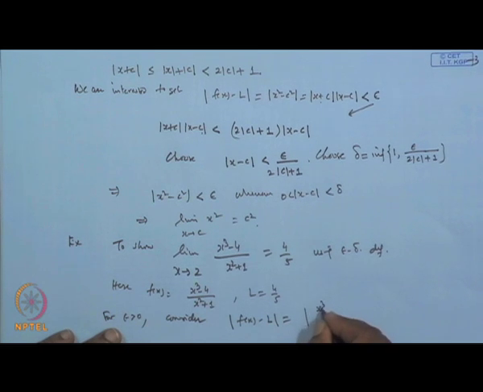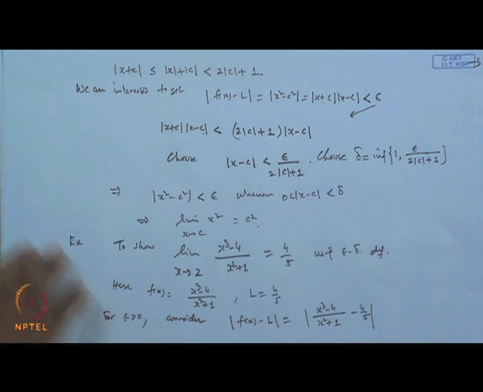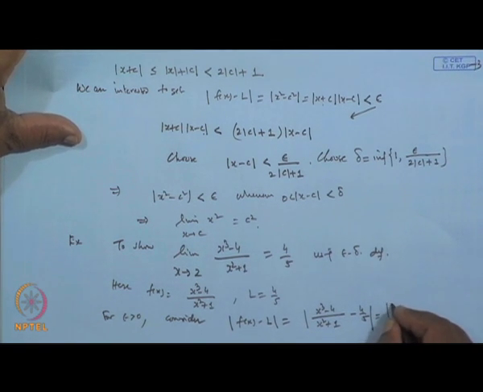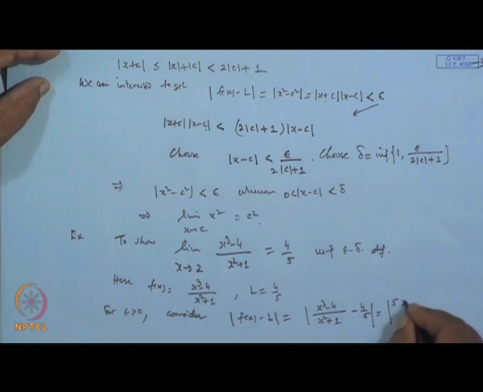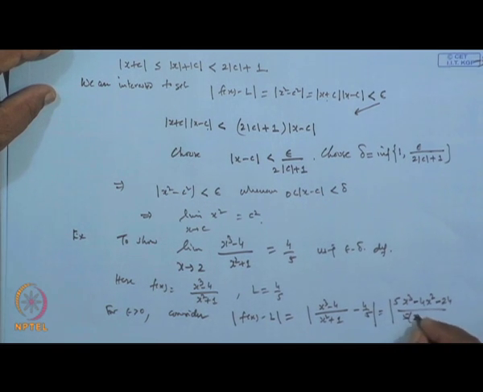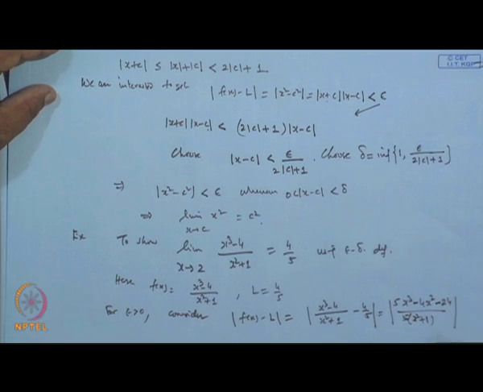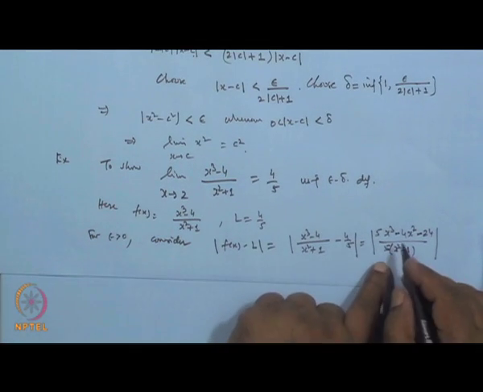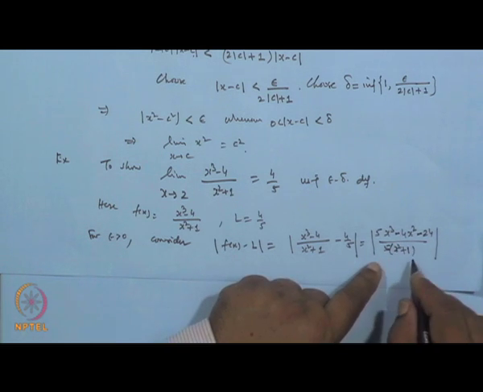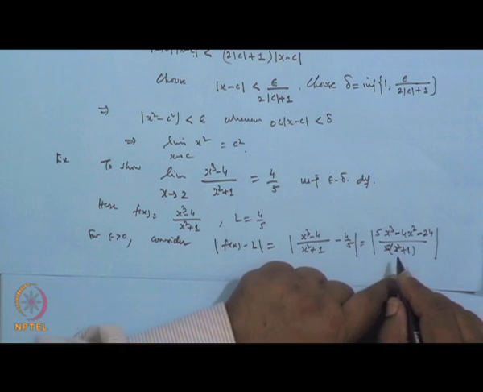This f x minus L is mod of x cube minus 4 over x square plus 1 minus 4 by 5, and if we solve it, then the value will come out to be mod of 5 x cube minus 4 x square minus 24 divided by 5 times x square plus 1. Now, here the numerator is 1 degree higher than the denominator. So, what we do first, we separate out the factors.